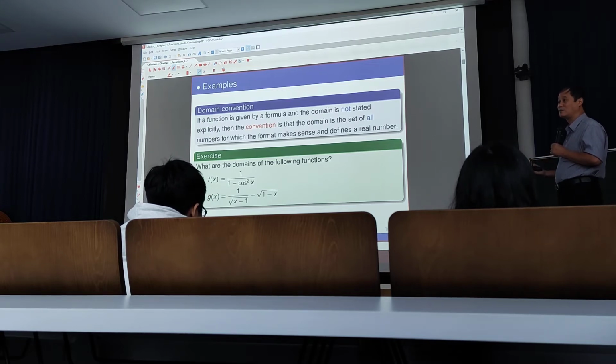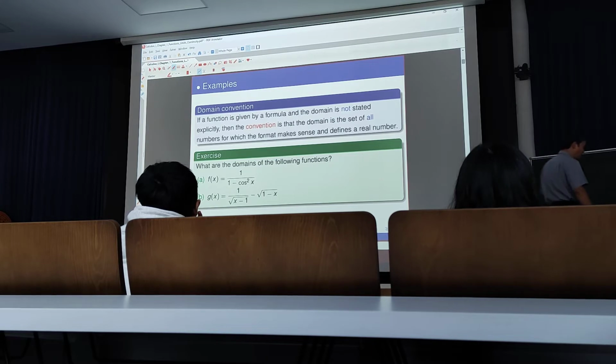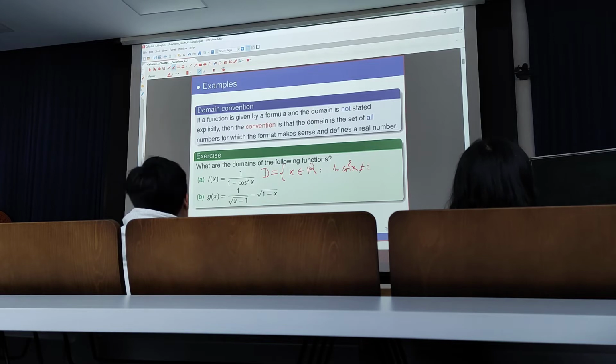Không biết nó xác định ở đâu thì ta làm thế nào. So in this case, very simple, right? You have a fraction. Then, for this case, D is only from R such that 1 minus cosine square x is different from 0.